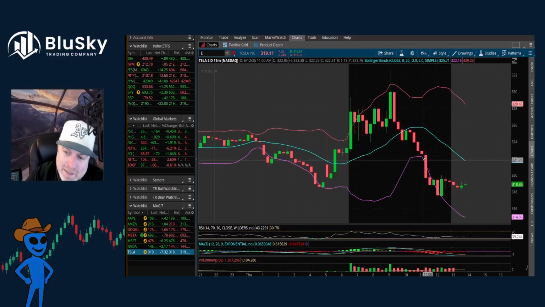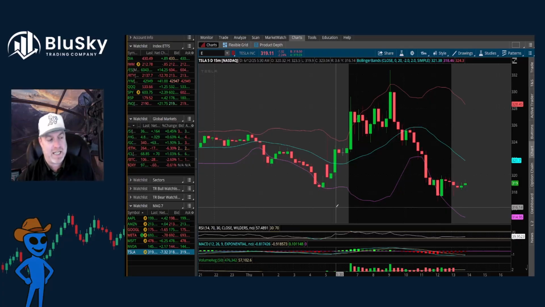Now, as it's coming down, what's it telling us? We're seeing a little bit of expansion here. Starting to consolidate. Should I be looking on the bull side on Tesla right now? What do you think? Should I be looking at a bull trade on Tesla right now? The answer is no. You're expanding your bands to the downside.